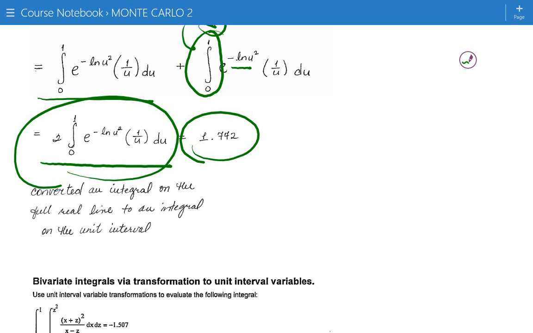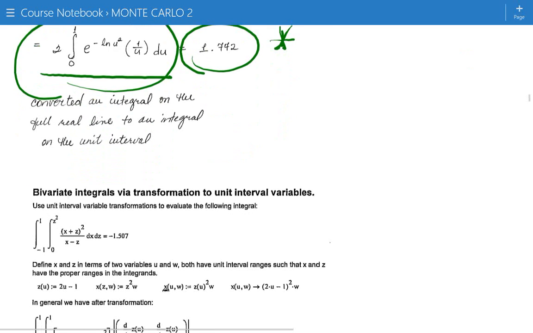But for our purposes, it will actually turn out to be much easier to evaluate this one, because we're not necessarily going to do this by calculus. We're going to do it through Monte Carlo simulation. But for the moment, we're just exploring the idea of transforming the variables.